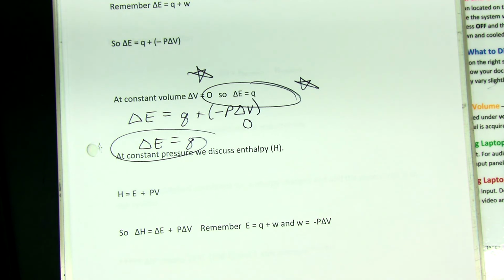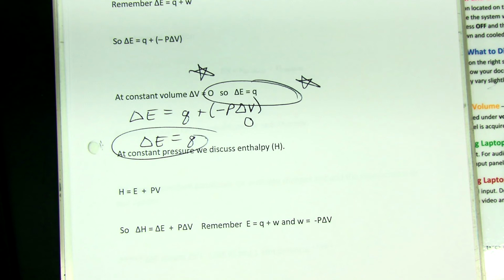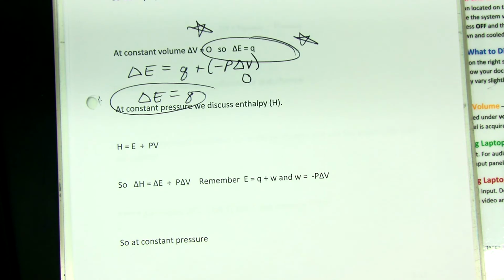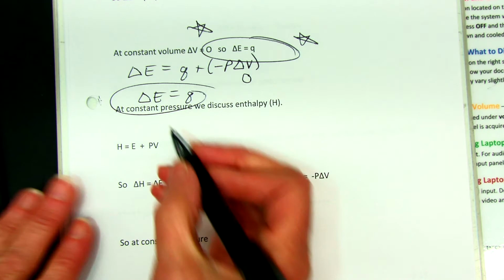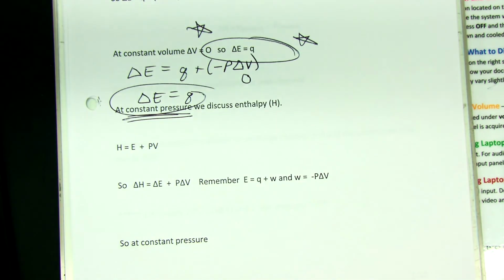So for us in chemistry, we generally only work with heat if we have a constant volume system. It's more common for us to have things that are at constant pressure. And when we're at constant pressure, we introduce a new term, and we call it enthalpy.